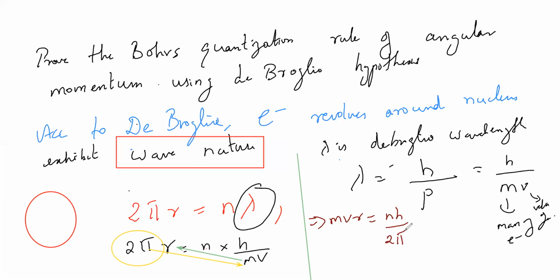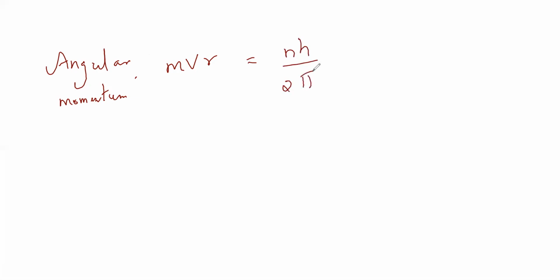This mvr is a thing called angular momentum L. Angular momentum, that is mvr, is equal to nh by 2 pi.